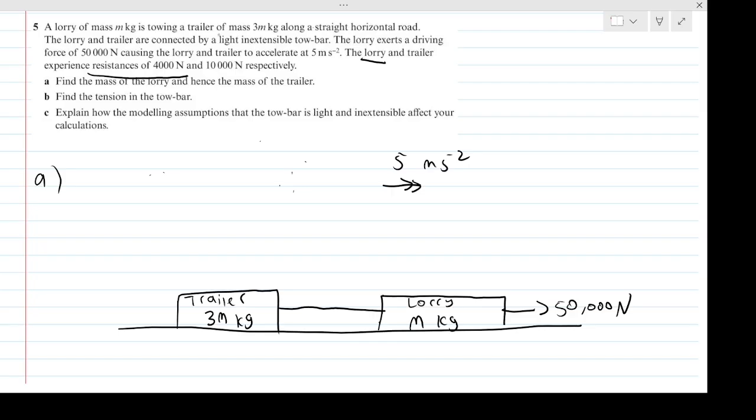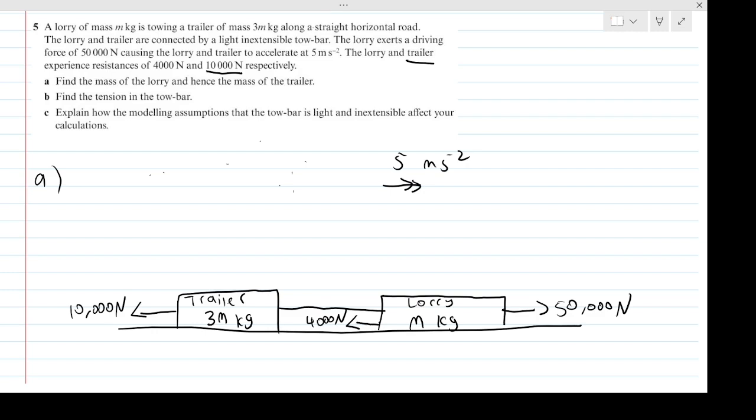I'll do it down here. So we've got this force going to the left of 4,000 newtons. And likewise, the trailer also has a resistance of 10,000, so push it that way.